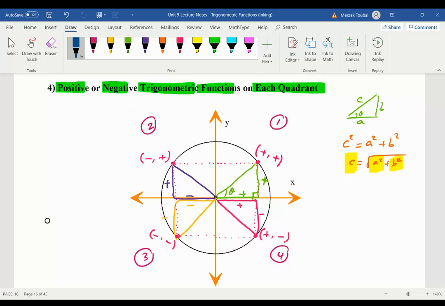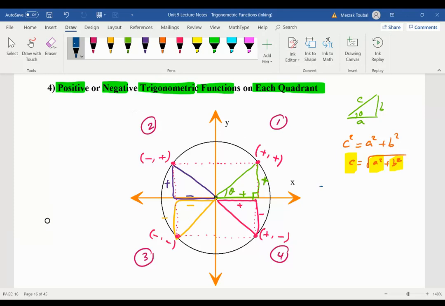So whether the sine is positive or negative in quadrant 1 would depend on the opposite. The sine is opposite over hypotenuse, which means plus over plus. So the sine is positive in quadrant 1.